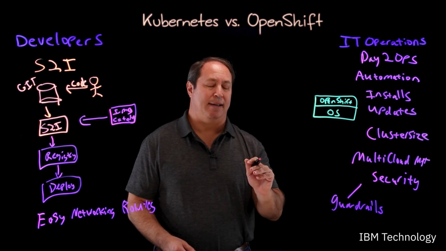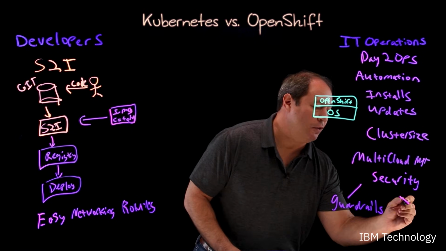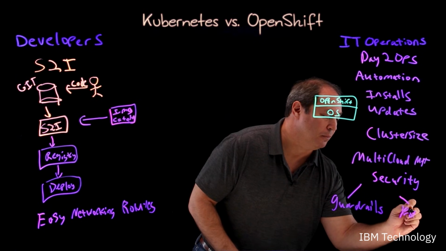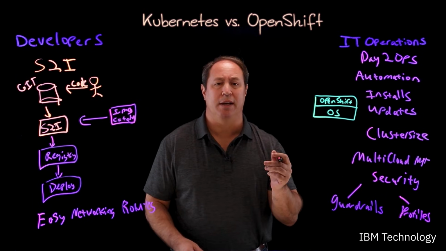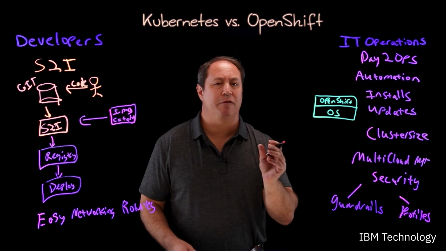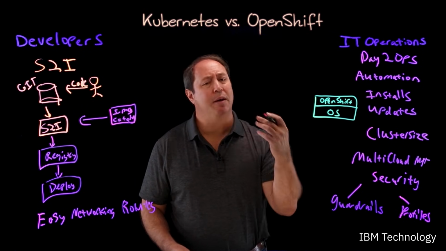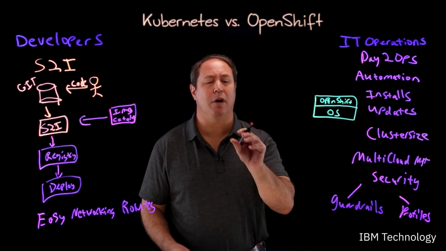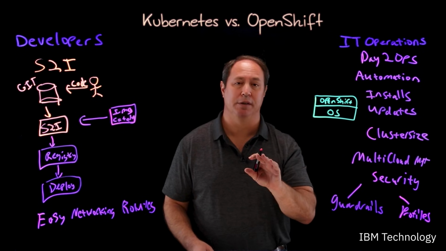Now, the last aspect of security that OpenShift takes care of is the notion of profiles. In vanilla Kubernetes, there's a large number of knobs that you have to turn to get security right, and there's not a lot of people that are very comfortable with turning all those knobs correctly to make sure there are no security vulnerabilities.